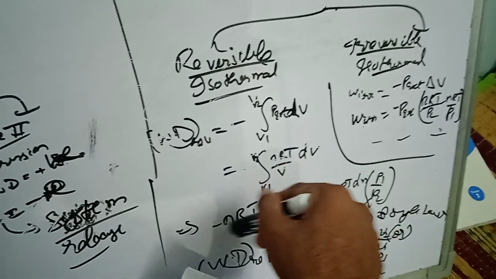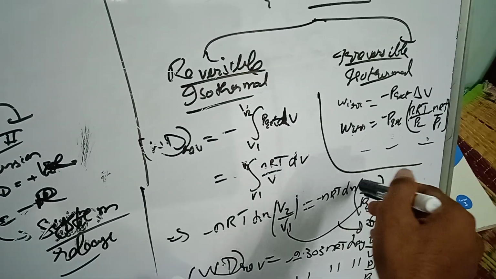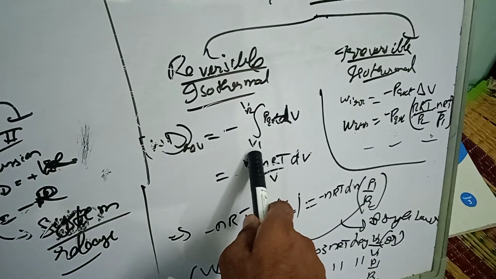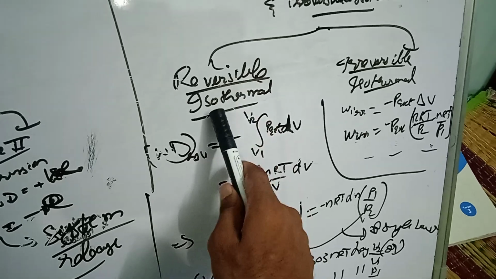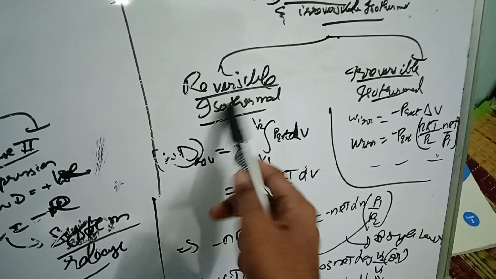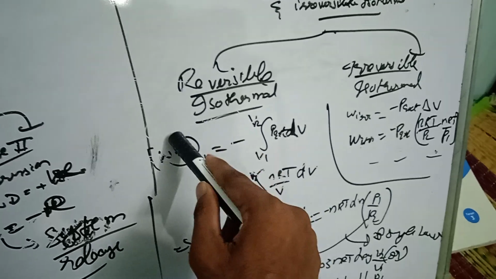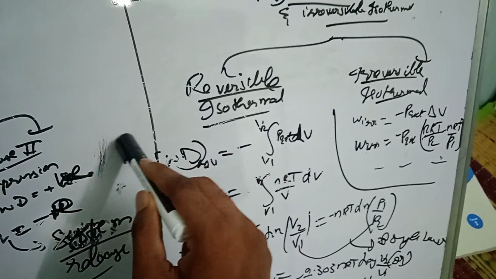That's it. So minus nRT ln V2 by V1 is equal to minus nRT ln P1 by P2, because in Boyle's law, as we have said, this is an isothermal process, so delta T is 0, T is constant. As we know, PV equal to nRT. If temperature is constant and n and R are already constant, then PV is constant.